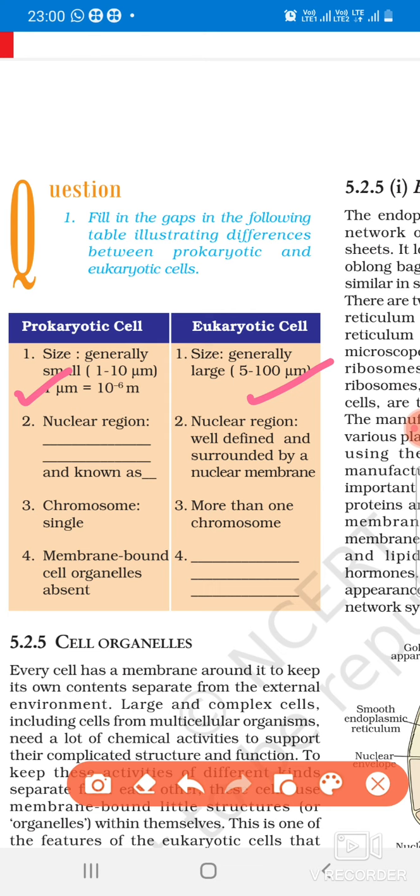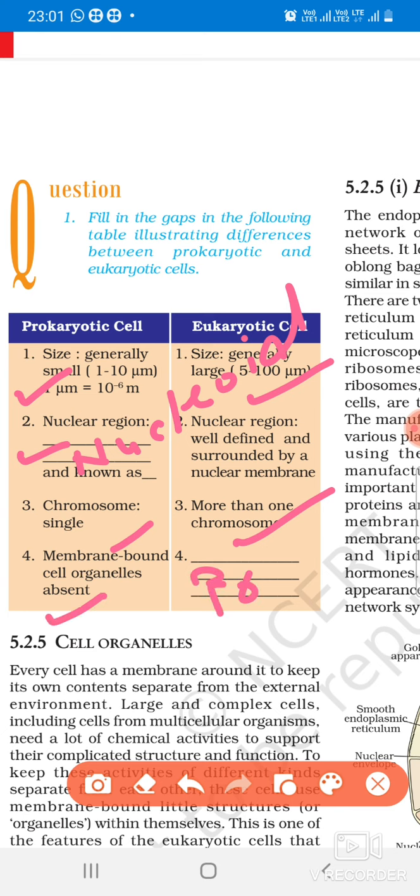In prokaryotic cells the nuclear region is not well defined, not surrounded by a nuclear membrane, and it is known as the nucleoid. In eukaryotic cells the nuclear region is well defined and surrounded by a nuclear membrane. The chromosome in the prokaryotic cell is single; in eukaryotic cells there is more than one. Membrane-bound cell organelles are absent in prokaryotic cells; in eukaryotic cells they are present.